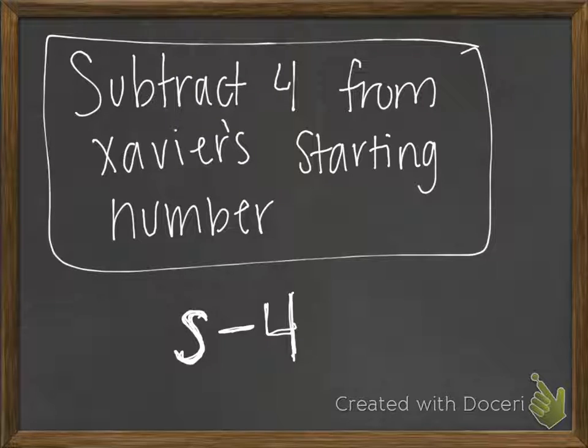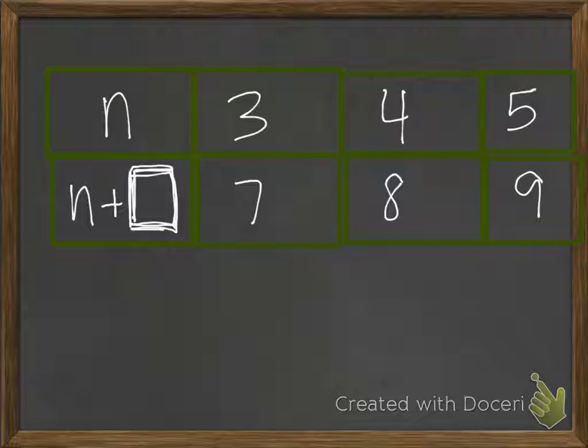So my rule would just be S minus 4. We'll try a couple more so you get the hang of this. You will also see problems like this in your practice and on your test. So all the directions say are to find a rule.